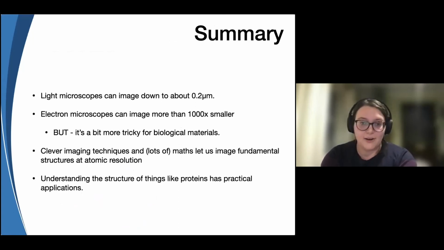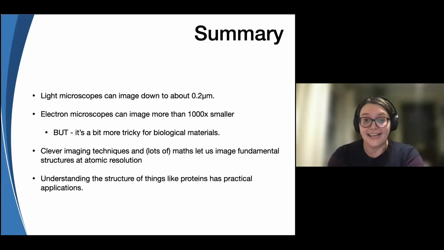But as a compromise, there are lots of challenges with biological materials, particularly because of the water. So we've got to make use of some clever imaging techniques, lots of maths to try and get us back to something that's high resolution or especially atomic resolution. So that we can then take this information and apply it to kind of our understanding of how fundamental biological processes work. But it's a really cool field.